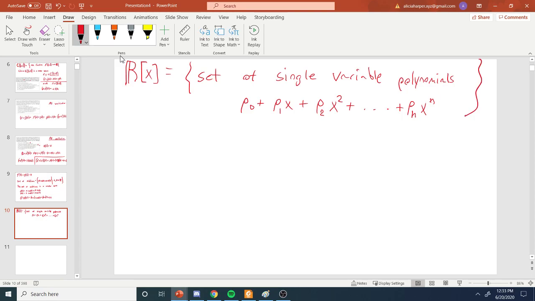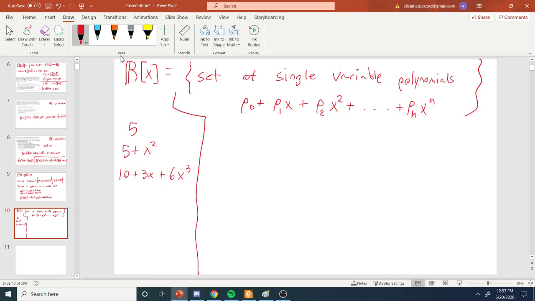So for example, 5 is an element of this set, but so is 5 plus x squared, or 10 plus 3x plus 6x cubed. These are all elements of this set, because this set contains all polynomials in the variable x with real coefficients.